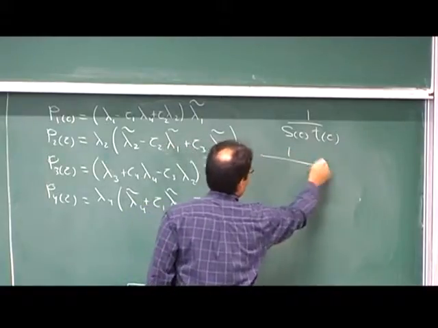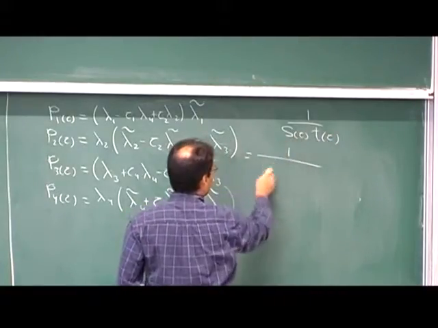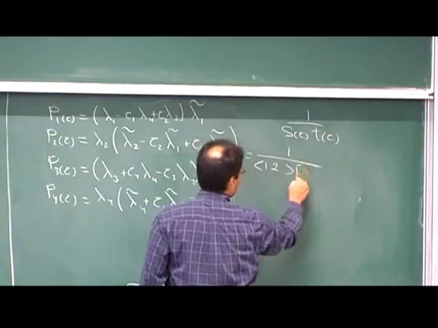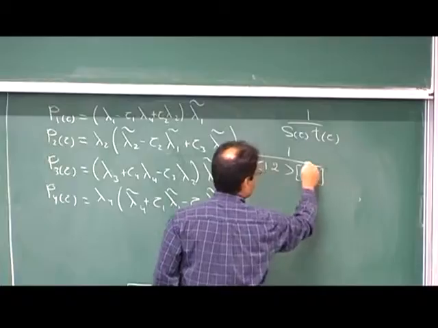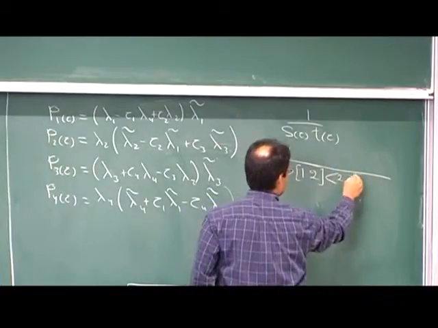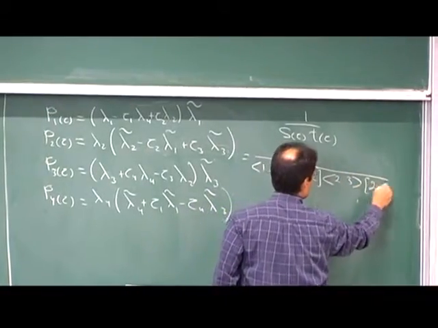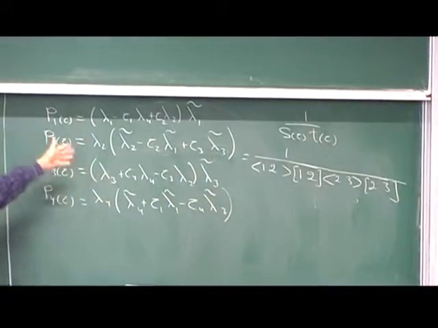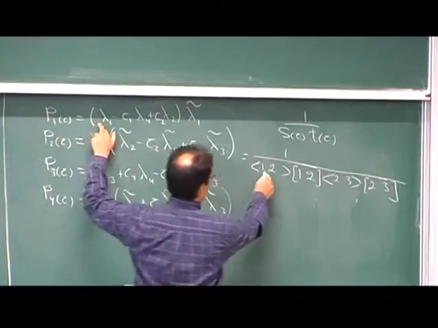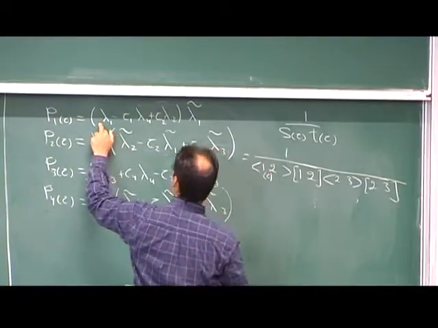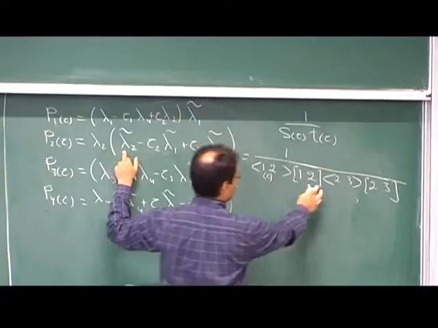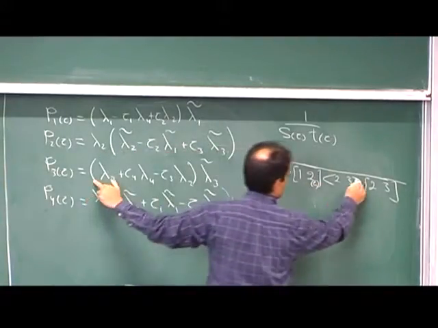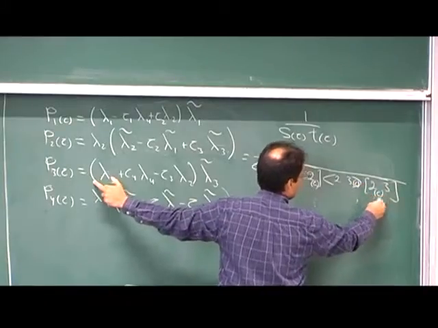This thing is equal to <1 2> [1 2] <2 3> [2 3], but with the new vectors. So I have to be careful and remember that lambda 1, lambda 2 tilde, lambda 3, and lambda 2 tilde depend on tau.